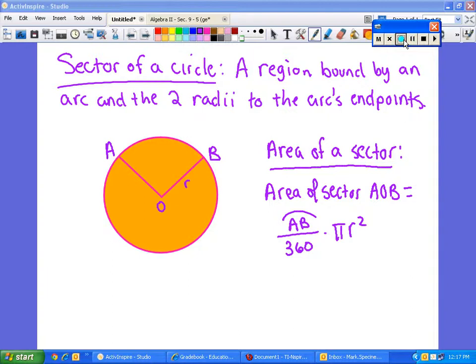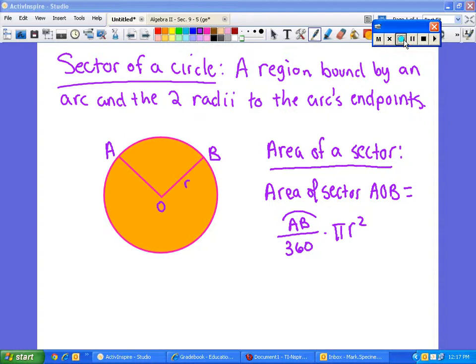Okay? Does anybody not understand what I just said? Luigi? Okay, again, if you think about it logically, Luigi, the area of the whole circle can be found by taking pi r squared.